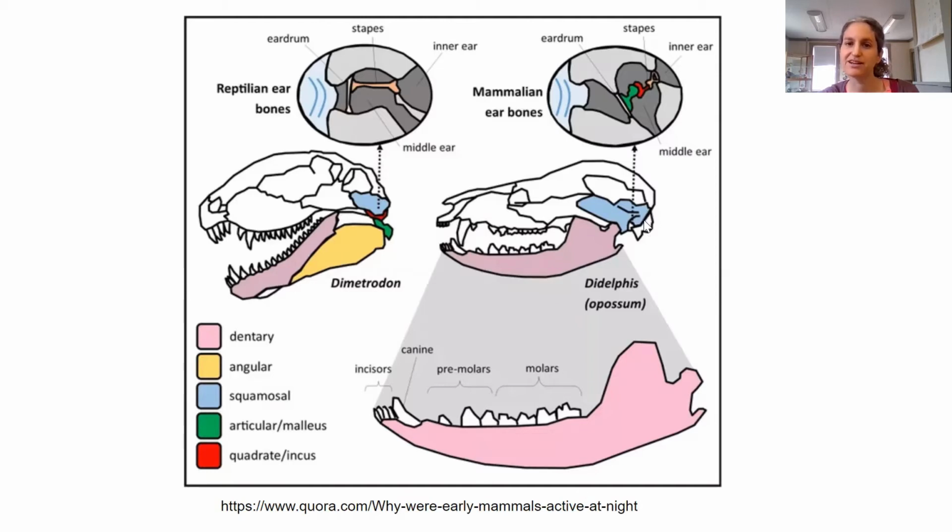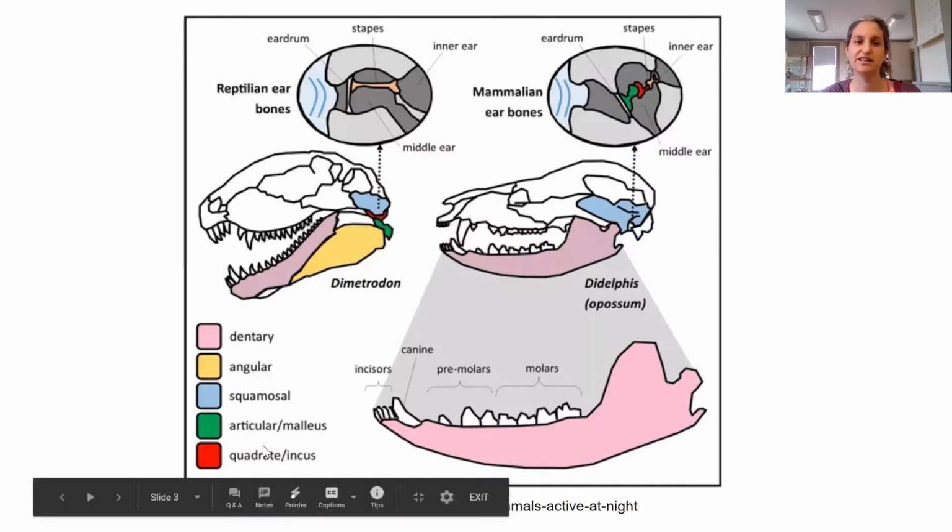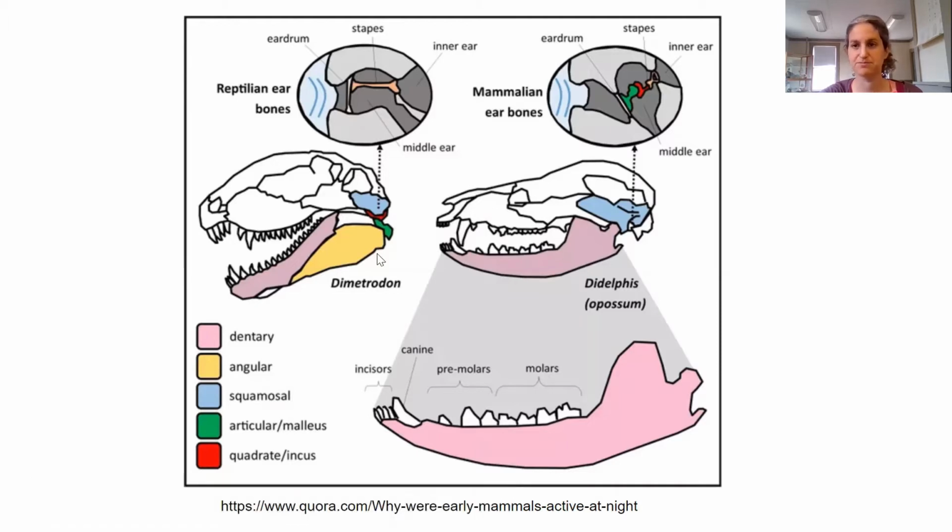Now, what you'll notice is that the green and the red and the yellow, which here on our Dimetrodon, which is a synapsid reptile, a mammal-like reptile, one of our ancestors, the quadrate, articular, and angular are back here in the posterior end of the jaw, but in the mammals, they've actually shifted position into the middle ear.